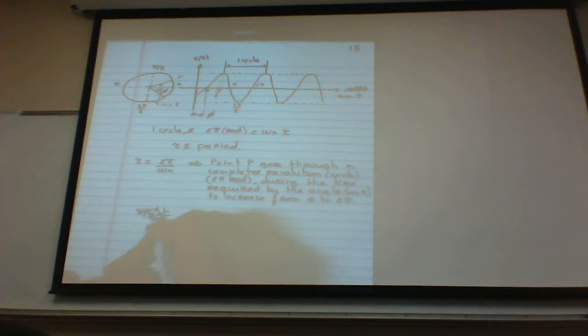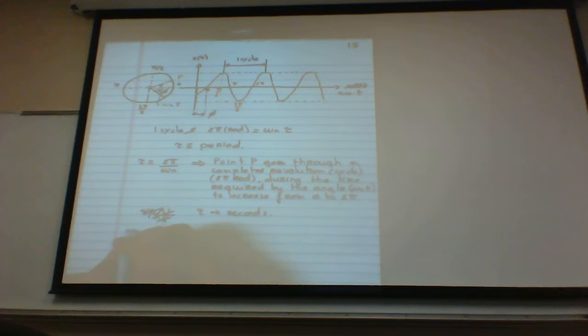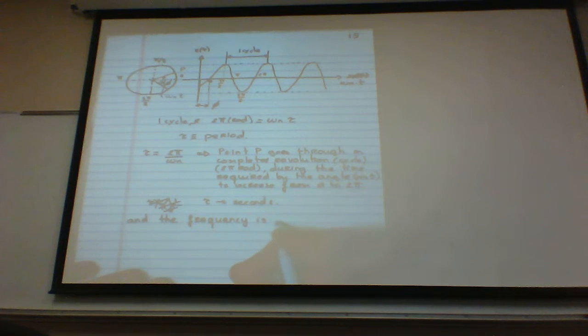Okay? Now, there is something here. I don't know if I introduce it now or later. I can probably do it now. Okay? I'll do it now. And the frequency is defined as what?